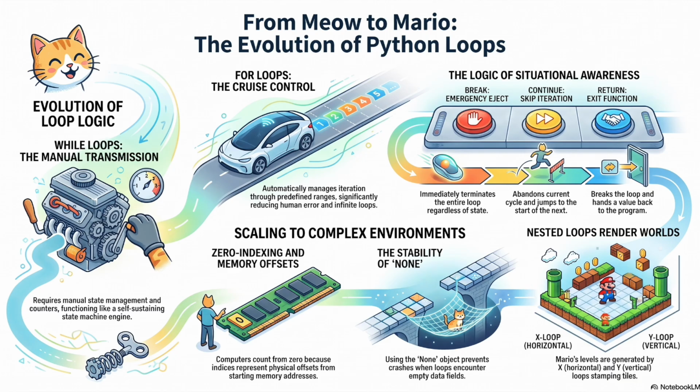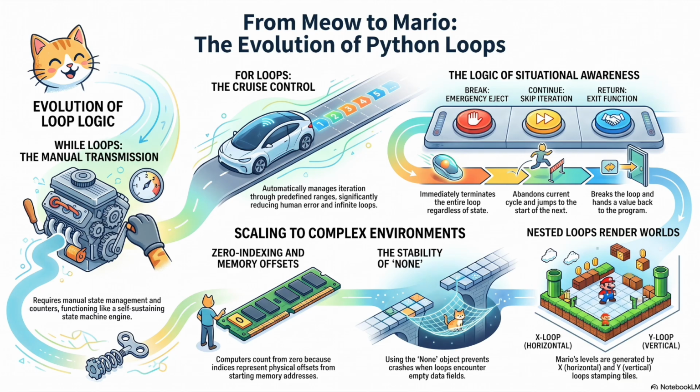And the logic driving that simple text output is the exact same foundational architecture used to rapidly iterate across a mathematical grid and render an entire interactive world on a television screen. It's really just a matter of scale and application. The underlying logic of computer science is universally scalable. Once you master the mechanics of repetition and conditionality, the boundaries are really just determined by the processing power you have available.